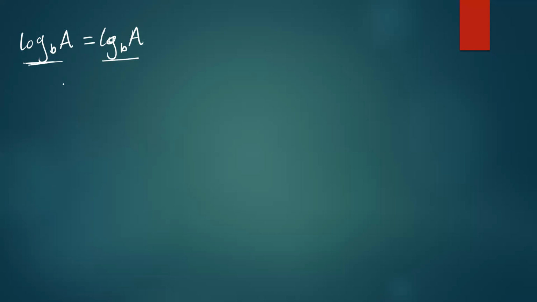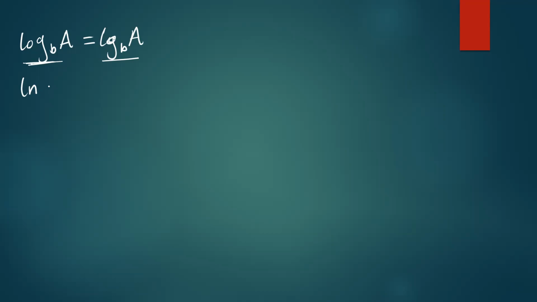Apart from that, we also have a special logarithm, which we call the ln. Whenever you see ln, it is also a log, and it obeys all the rules of logarithms. It's just a special logarithm.